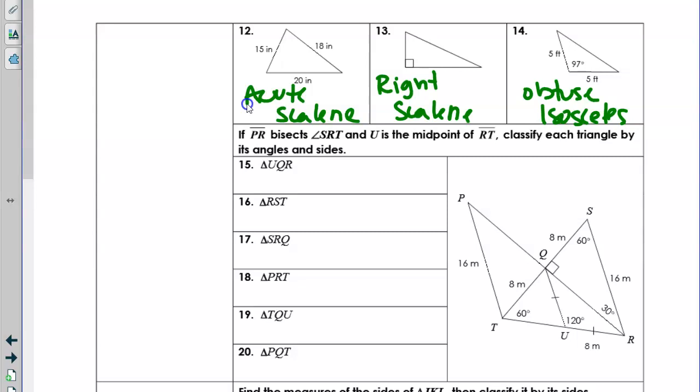All right, number 15, we have triangle UQR. What did you get for UQR? Obtuse isosceles. Obtuse isosceles is perfect. How about triangle RST? Equilateral, equiangular. Very good. What's wrong, Nathan?